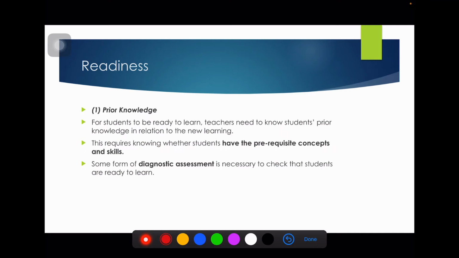So let's start with prior knowledge. Now, for students to be ready to learn, teachers need to know students' prior knowledge in relation to the new learning. So the new learning will be the new topic that you are going to teach. But before you start teaching, you need to know your students' prior knowledge or previous knowledge.